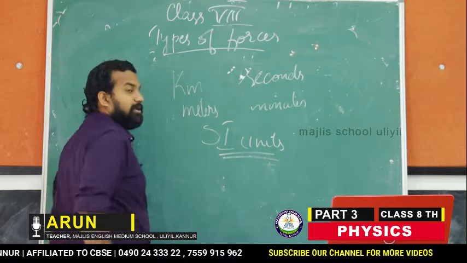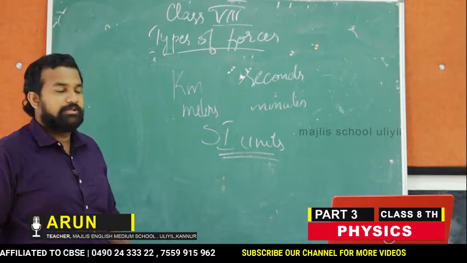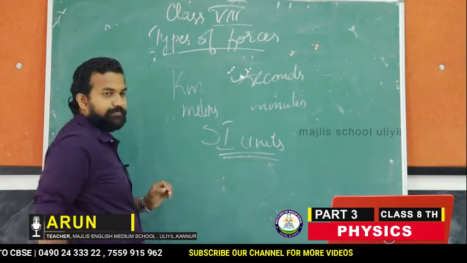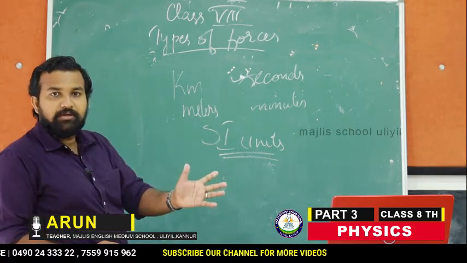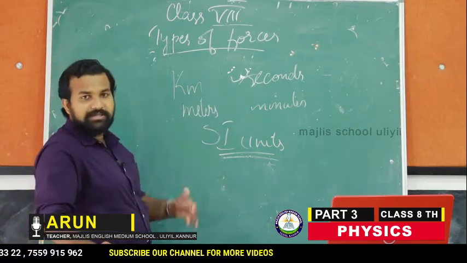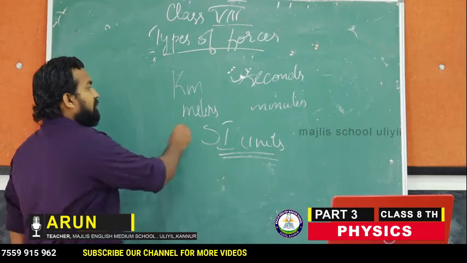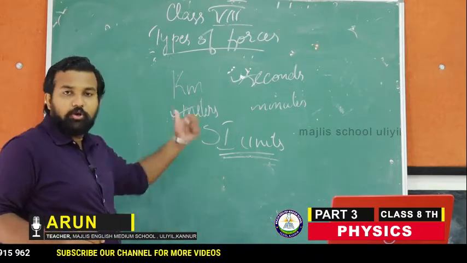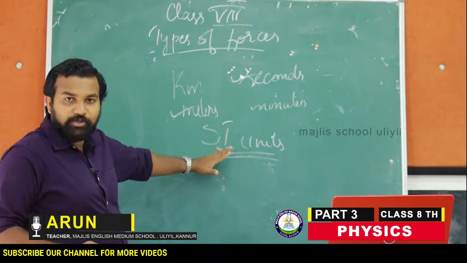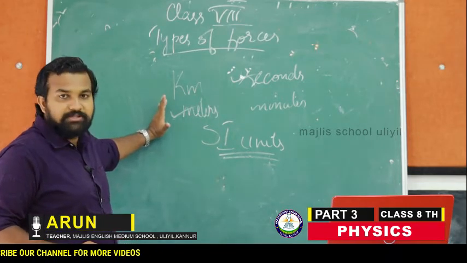The SI unit of time is seconds, not minutes. So universally, when we are talking about time, we will be speaking in seconds. The SI unit of length is meter, not kilometer. According to SI units, we will be measuring it in meters.